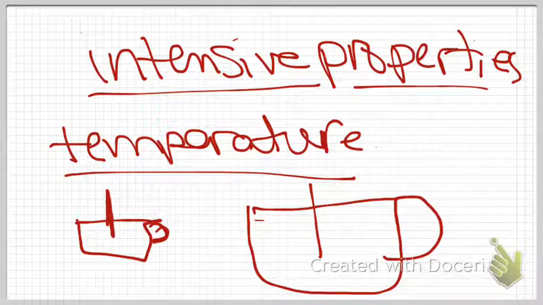So if I weigh each of these two cups of coffee, then they're going to weigh different amounts. They may not have a different temperature, but they're going to weigh different. So mass is what we would call an extensive property. Extensive properties do depend on how much of the substance that you have.